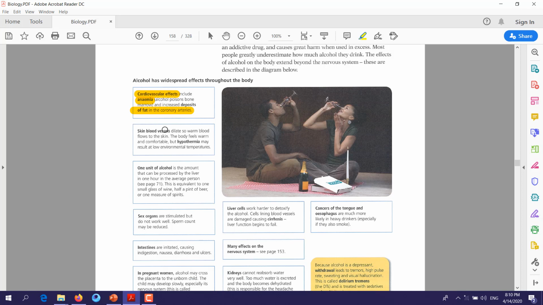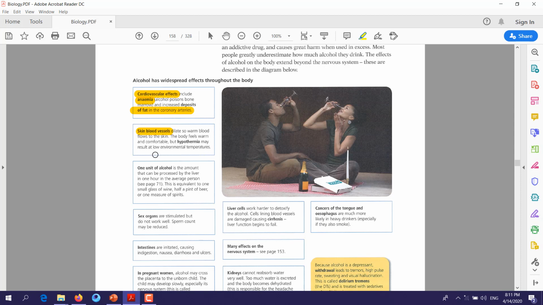Then another effect is on the skin blood vessels. So when someone drinks alcohol, the body temperature will increase. Okay, and the body feels warm and comfortable, but hypothermia may result at low environmental temperature.